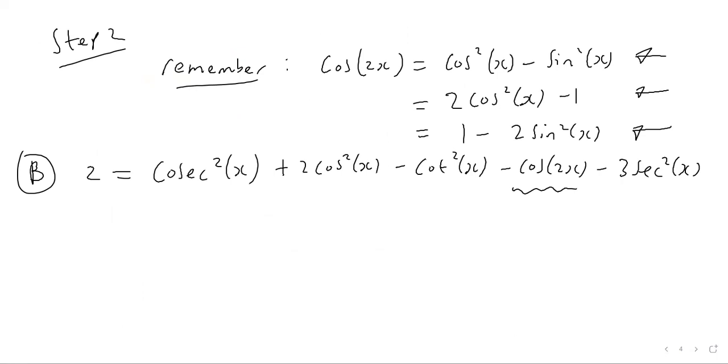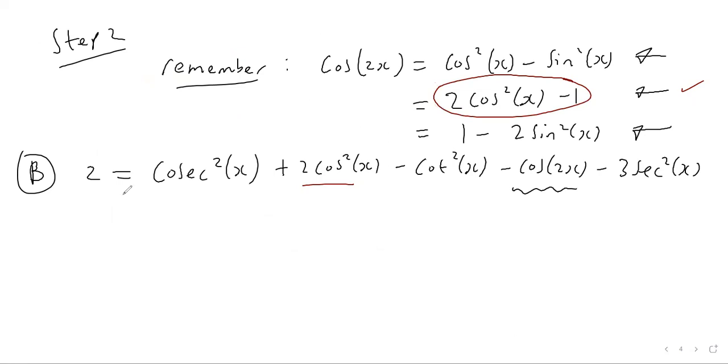What I'm going to do is pick this one here. The reason I want to pick this one is because I notice we've got a 2 cos squared here. So when we do 2 cos squared take away this here, the 2 cos squareds would just cancel out.